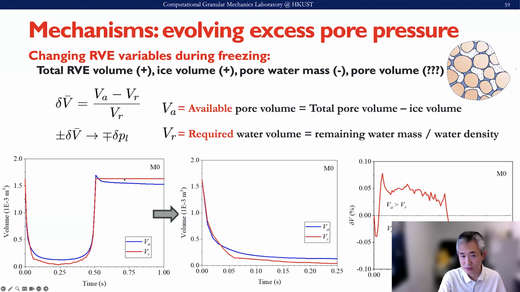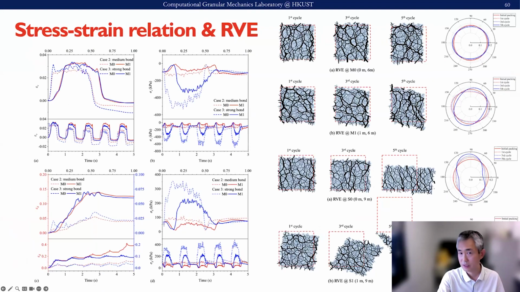But when the required one is greater than the available one, that generates positive excess pore pressure. This basically gives you an explanation of why positive and negative pore pressure can be generated during the typical freeze and thaw process in frozen soils. This is basically the volume balance that we can count.